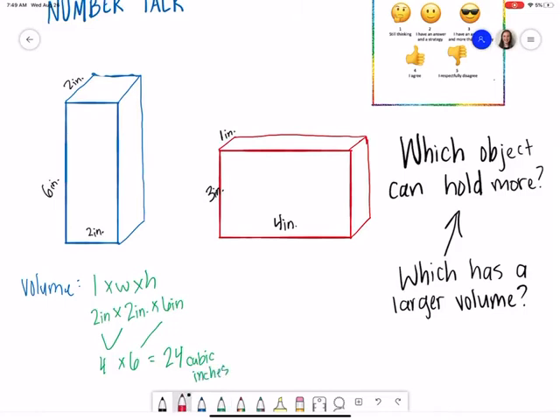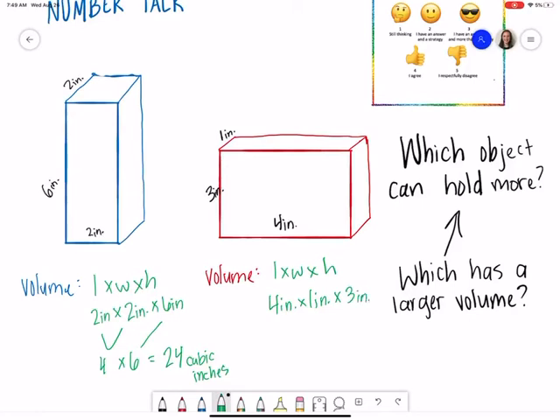Okay, so now let's go over here to this rectangular prism. Okay, so same thing. We need length times width times height. So our length would be 4 inches. Our width would be 1 inch. And our height would be 3 inches.